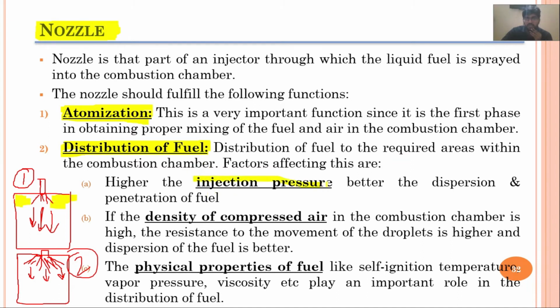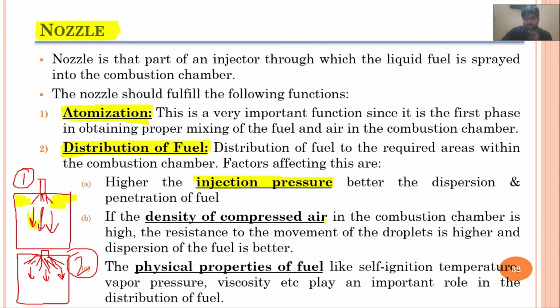Higher the injection pressure, better the dispersion and penetration of the fuel. So this is what I was talking about. When the injection fuel pump is operating at higher pressures, or we have utilized an injection pump which operates at higher pressure, it will allow the fuel to penetrate across the area which is available above the piston.